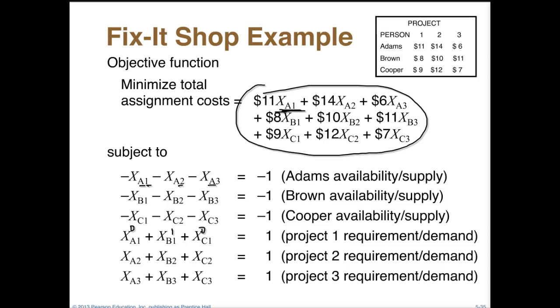If this ends up being a 1 here, then that means Adams got project 1, and we're charging $11 an hour for that. Where these other two would be 0, because Adams won't get project 2 and project 3, because he would only do project 1. Thus, we form our objective function solely from this cost chart here.